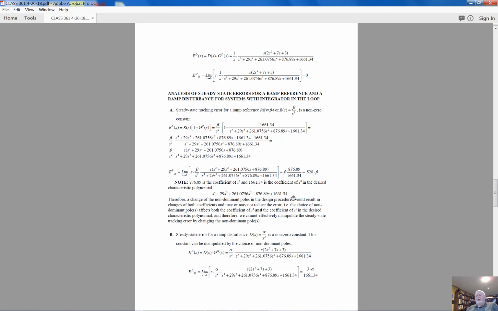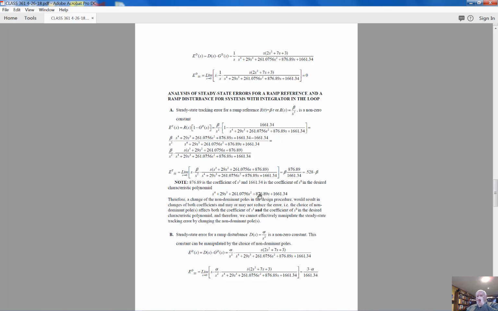In our situation, what happens? If we change non-dominant poles, we will change this number, but we will also change this number. And we don't have much of a choice with respect to how these numbers will change. So yes, please acknowledge this fact.